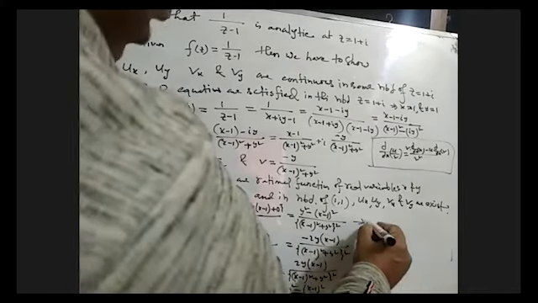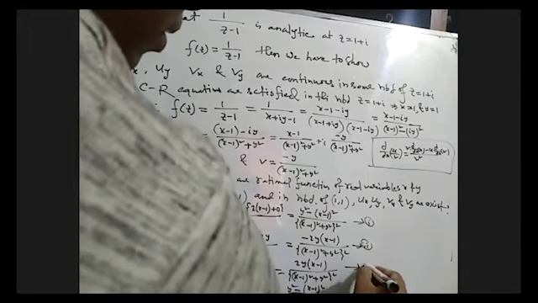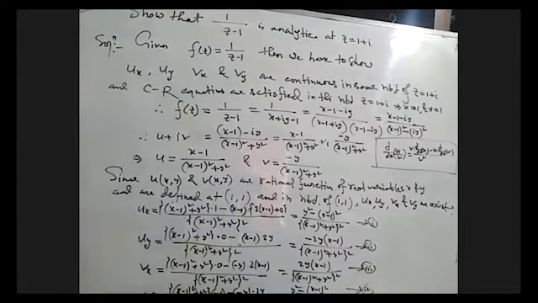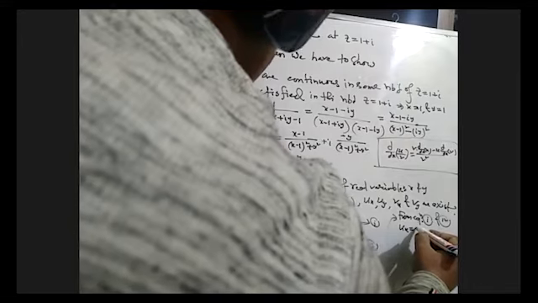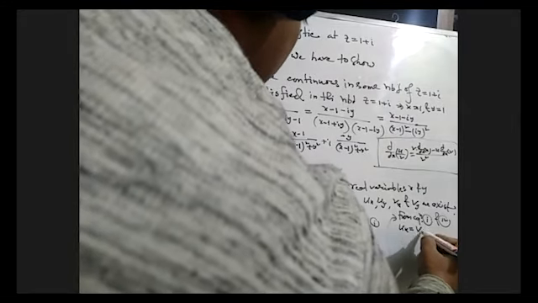So this is equation number 1, this is equation number 2, this is equation number 3, and this is equation number 4. From equation 1 and 4, the same: partial differentiation of u with respect to x equals partial differentiation of b with respect to y.